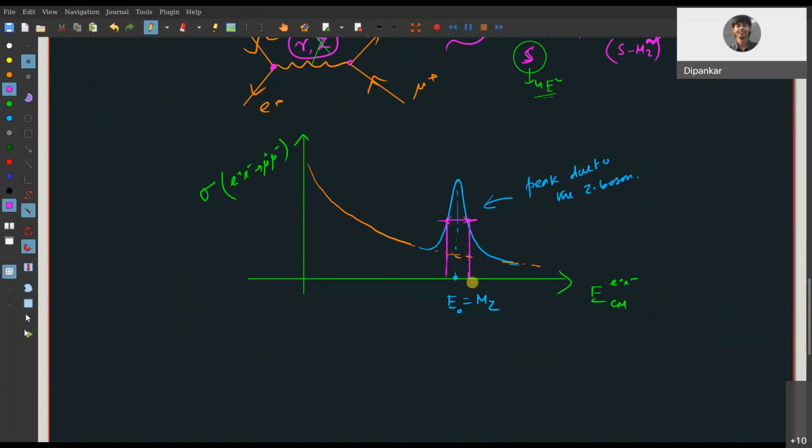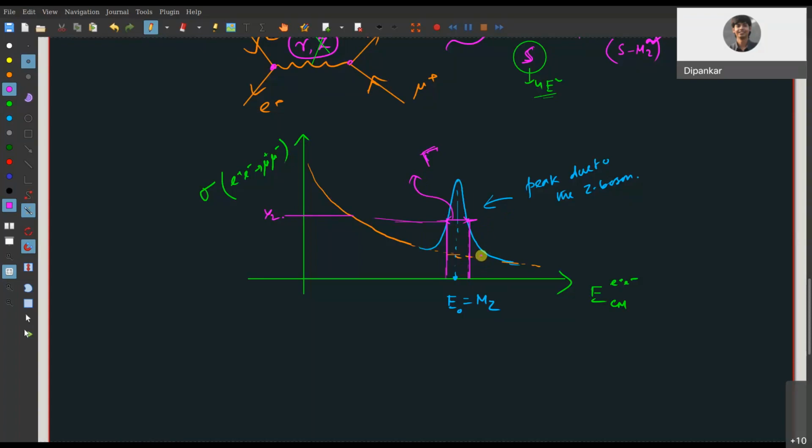If you say that your distribution function falls off by half, by 50%, then this width would give you a measurement of gamma. It might not be exactly gamma; I have to check at what distance you have to move. Sometimes it is related to the full width at half maximum or something like that. I have to check it exactly, but you can get the idea from here.